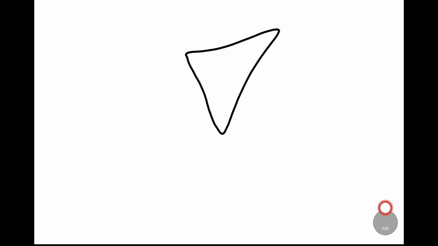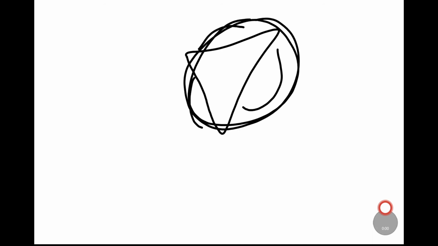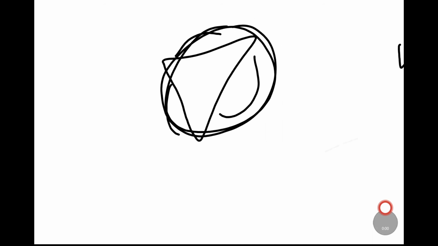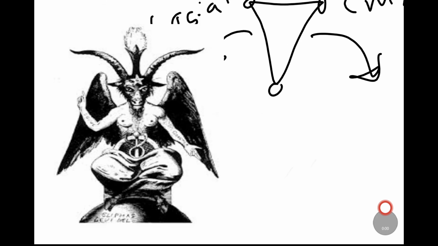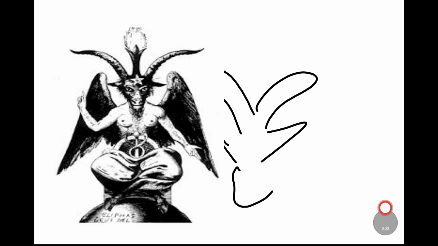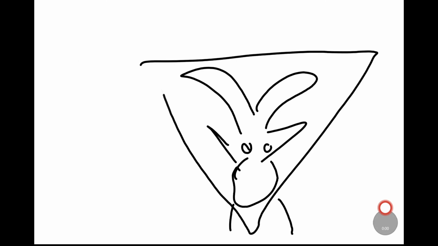If you're shown this, if the person knows what they're talking about, this isn't a compliment. And this is where you get the Baphomet from. The Baphomet is the goat figure with the horns, and he has the ears kind of poking out over here. I'll put a picture up here so you can see what I mean. But it's a triangle. It's an upside down triangle.